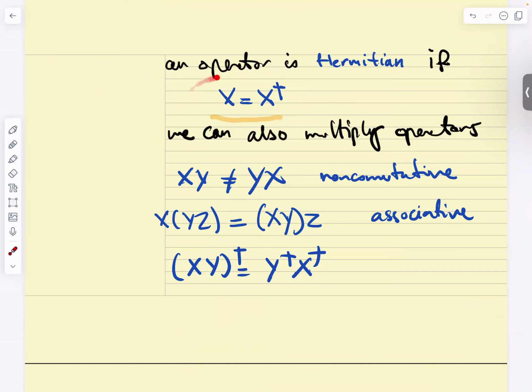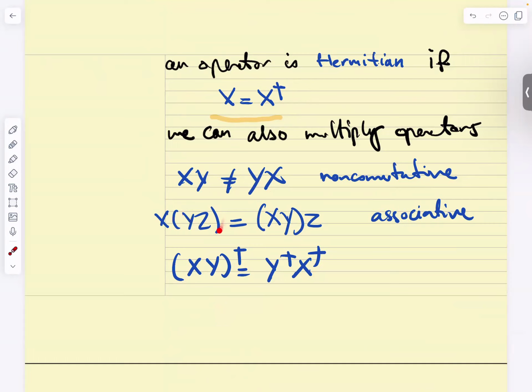So this is Hermitian. We can multiply operators, but now multiplication of operators is non-commutative. XY is not the same as YX. Matrix multiplication is non-commutative, right? Famously, yeah, that you could check. However, it's associative.